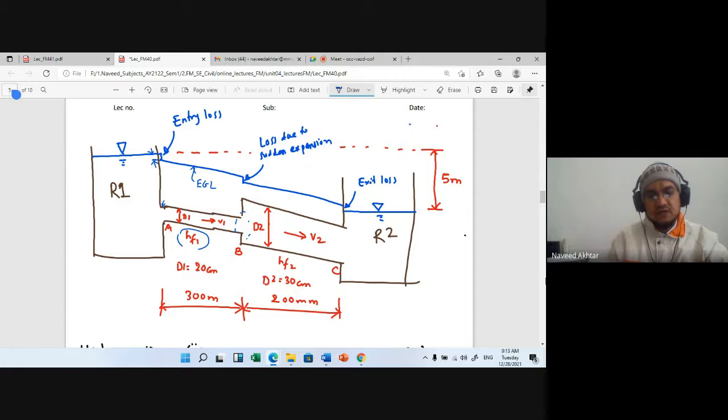Then again when you come to the end, flow through pipe 2, you can see the friction loss, that is HF2 in pipe line 2 having a length 200 meter. Okay, this is not mm, this is meter.